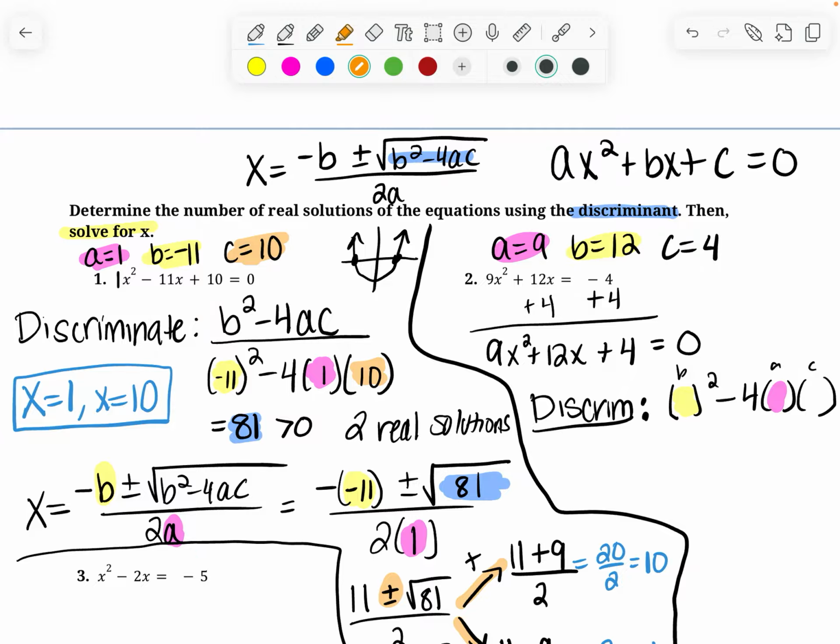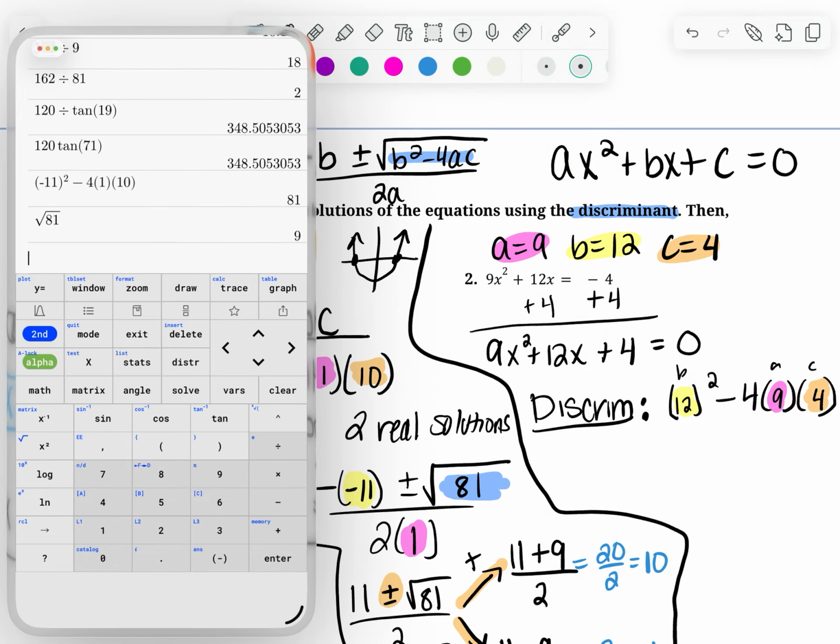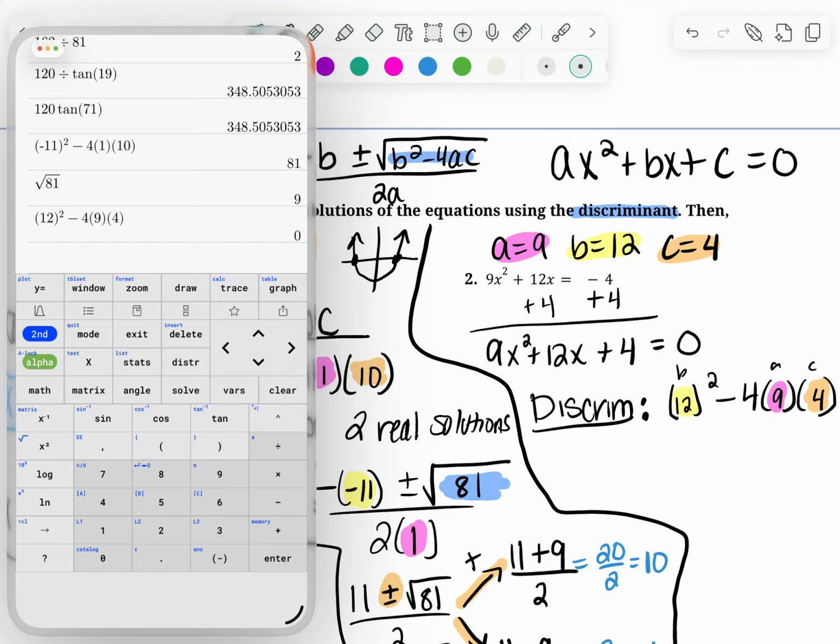And in this one, c is 4, so we're going to be plugging in a c of 4 there. So we're going to have 12 for b squared minus 4 times 9 times 4. And then we'll use the calculator to plug that in. Similar to what we did last time, parenthesis 12 squared minus 4 times 9 times 4. And we get discriminant equals 0.